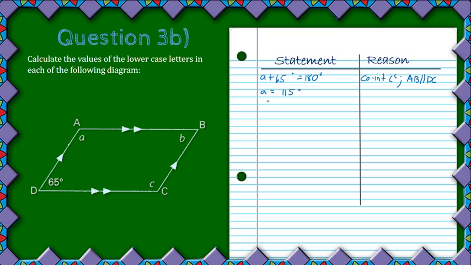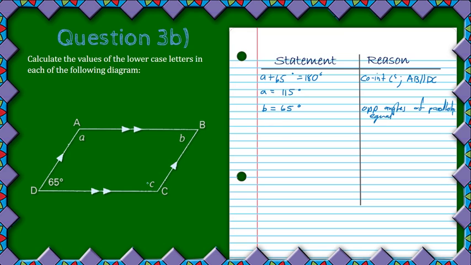Okay, B. Now, I can use co-interior angles, but it's much easier just to say that B is equal to 65 because the opposite angles of a parallelogram are equal. So B is equal to 65 degrees, opposite angles of parallelogram equal.